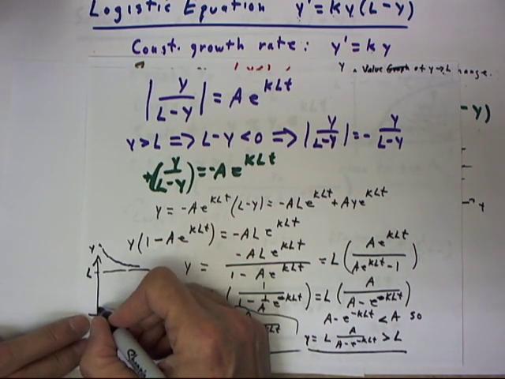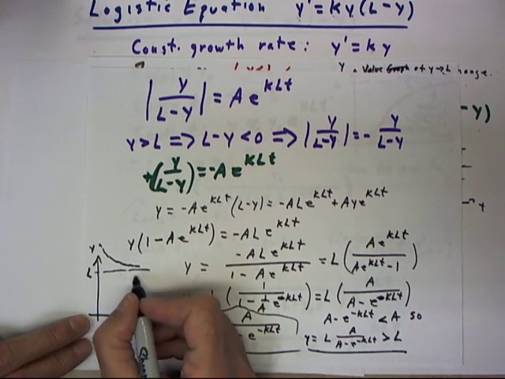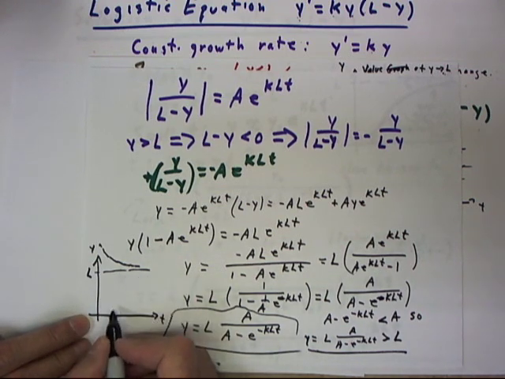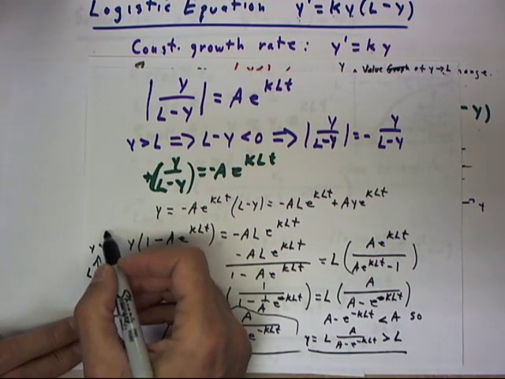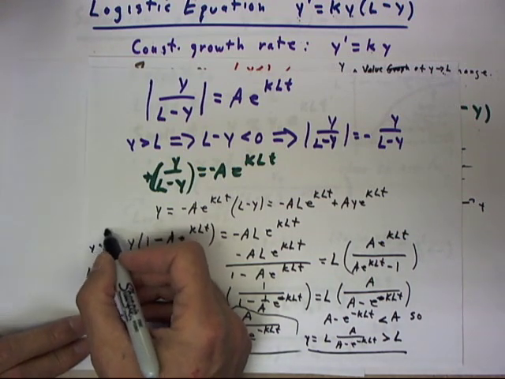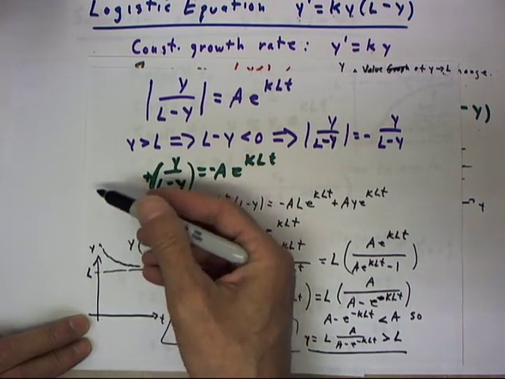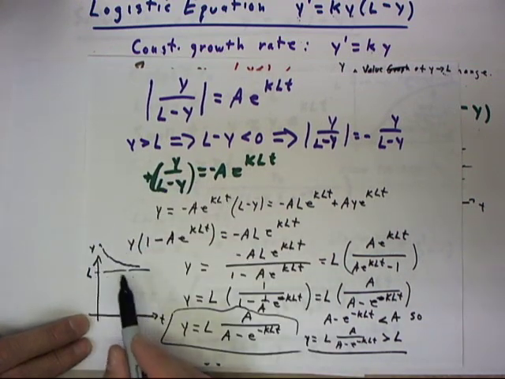The directions are increasing but approaching horizontal as we come up from the bottom. Our slopes, our directions, will be negative and approaching 0 as we move down toward L from above.